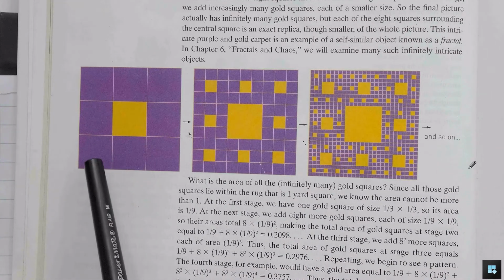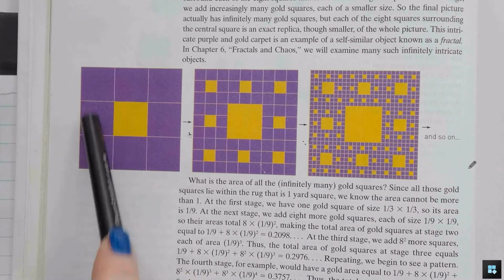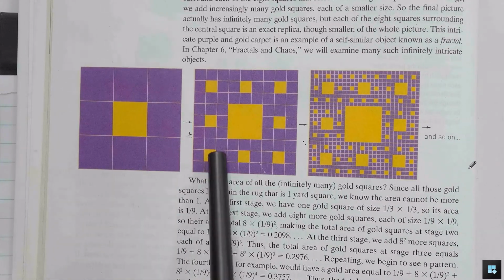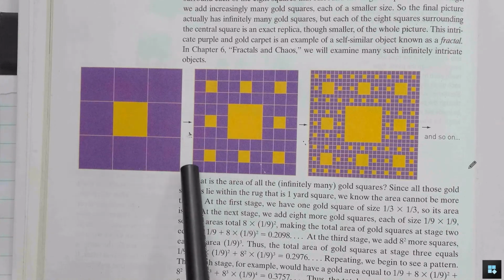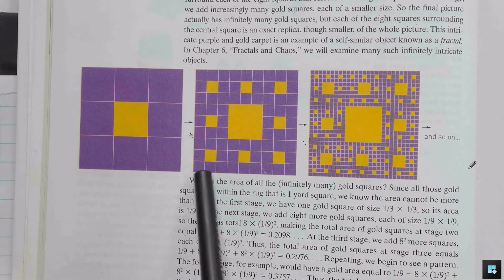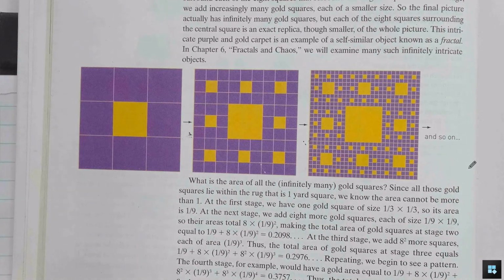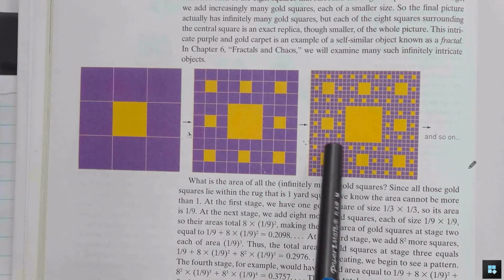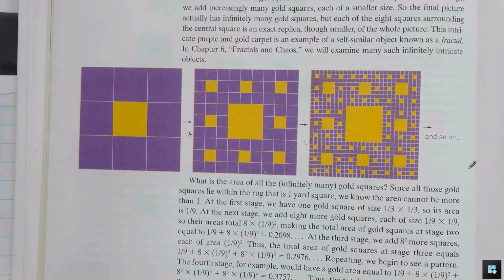And what that does is it creates squares around the outer edge. So you take each of those squares and do the same thing. Remove a square that's 1/3 as large as the whole square. And then you continue doing that. So that creates squares around the edge. You remove squares there. So the Sierpinski carpet is created by removing space.